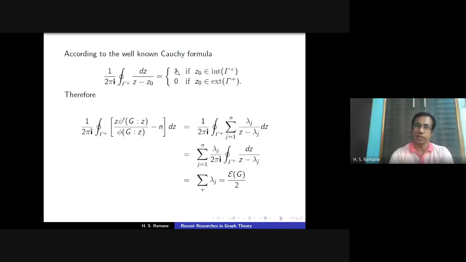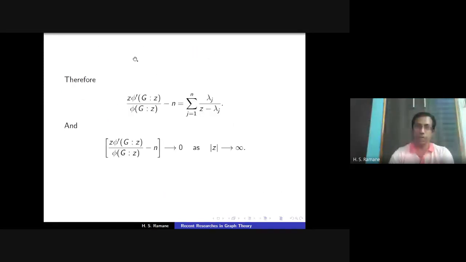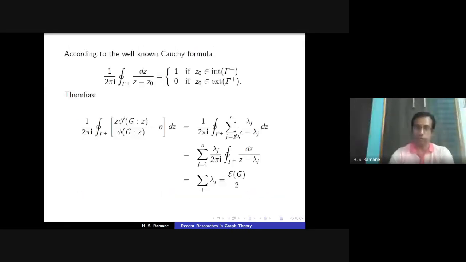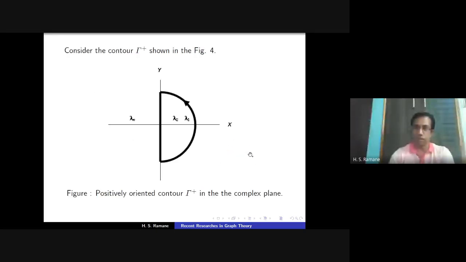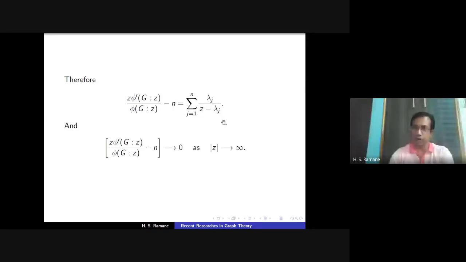Okay. So f of z naught means 1 if z naught is the interior point, and it is 0 if it is on the exterior of the contour. So therefore, from here, integrating this part over the contour, you will get, as per Cauchy's formula, 1 by 2 pi integration of lambda z, sorry, it is equal to this one, summation of lambda z divided by z minus lambda z.